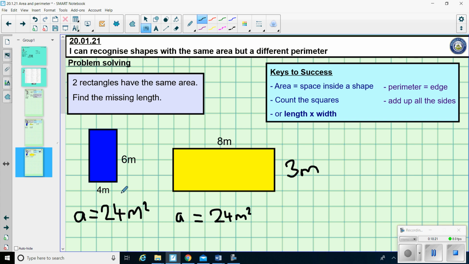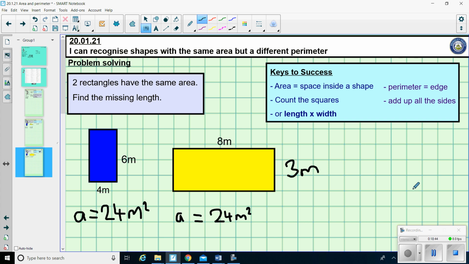Okay, year 6. So today's maths is just combining what you've been looking at over the last 2 days. The trickiest thing today is not getting mixed up between what area is and what perimeter is. The keys to success are there on the screen. If you need to keep referring back to them to have a look at how you calculate area and how you calculate perimeter, they're there for you to have a look at.